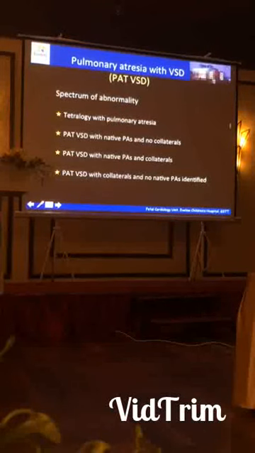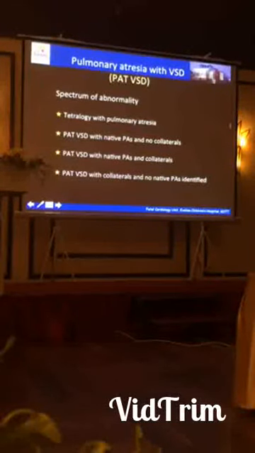Then there will be ones where you can't see the main pulmonary artery, but you can see the branch pulmonary arteries, and there are no collateral vessels. And then there will be ones where you can see both. You can see the native pulmonary arteries, the branches, and collateral vessels. And then, as I said, the severe end where you just have collateral vessels and you can't find pulmonary arteries.